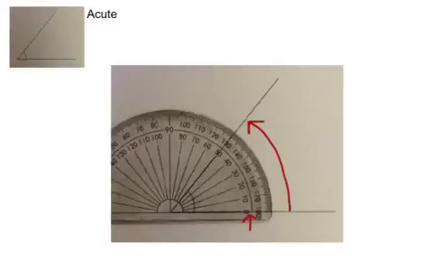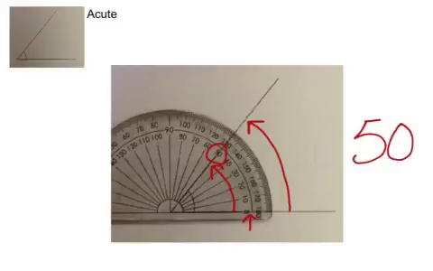And we start from 0, so I'm going to use the inside scale of this and work my way right the way round to here. And you notice in this angle, it's nice that the second arm of the angle lies on 50 degrees. So that angle is an acute angle of 50 degrees. And that should make sense because we know that acute angles are less than 90.